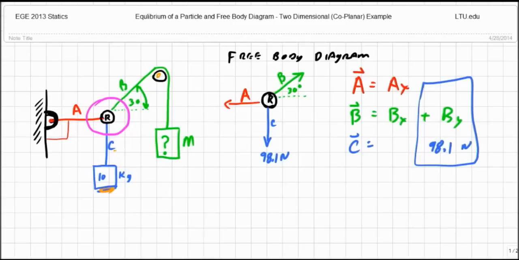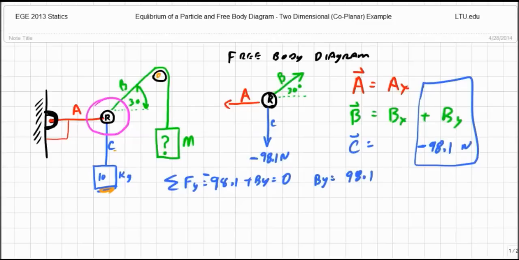That's pretty easy to solve. The sum of the forces in the Y direction is equal to 98.1 plus B y equals 0, or actually minus 98.1, right, because it's acting downward. My mistake.